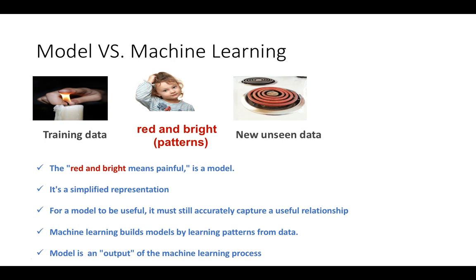So for a model to be useful, it must still accurately capture a useful relationship. It should not overcomplicate that, but it should at minimum capture it accurately. And machine learning builds those models by learning patterns from data. That's what we have been talking about. So a model is an output of the machine learning process.